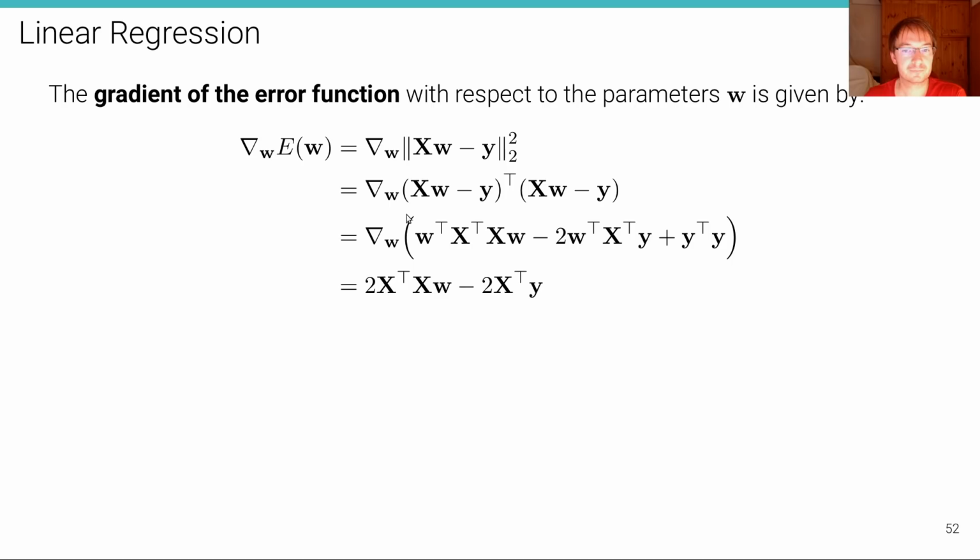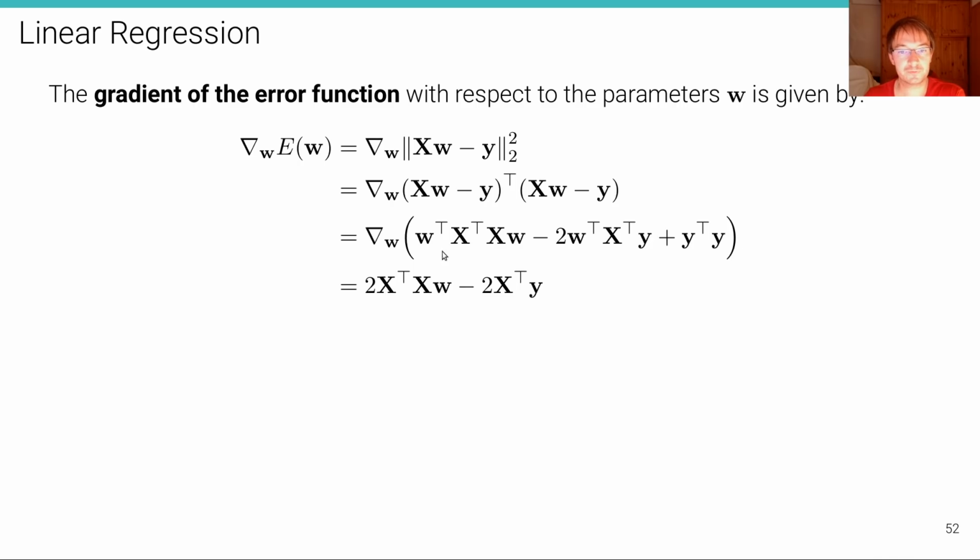Now, writing out this multiplication here, we obtain this expression here, right? So we have w transpose X transpose Xw. This is this, multiplied with this. Then we have minus 2 times the cross term w transpose X transpose y, and then we have y squared, or y transpose y. And now computing the gradient of this expression, the gradient is a linear operator, so it moves through these brackets here.